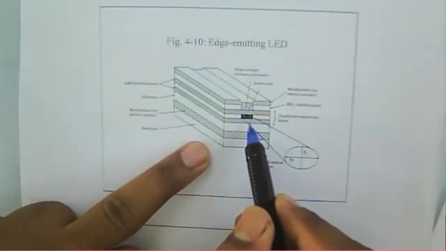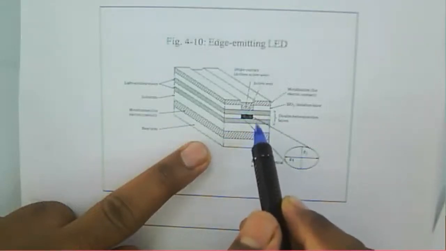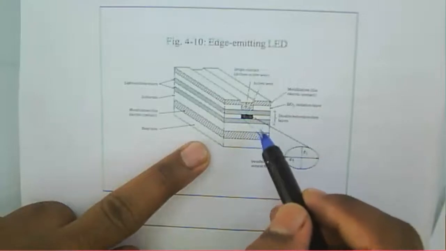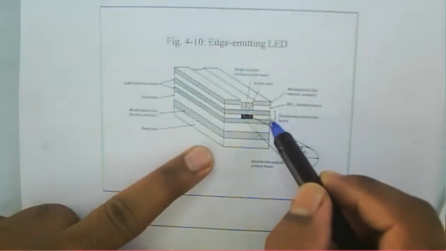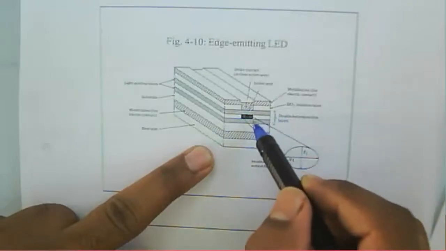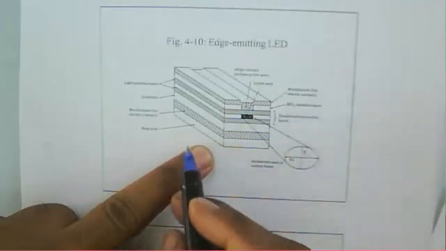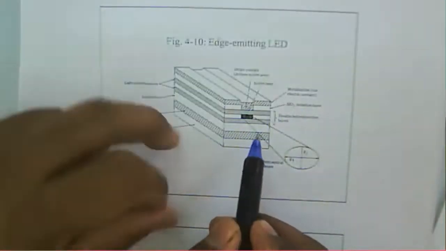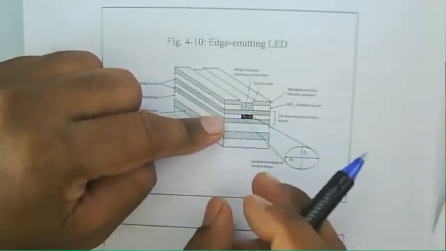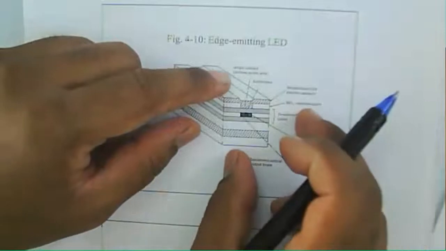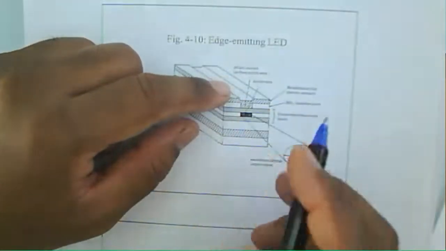Again, the refractive index for the guiding layers will be lower than that of the active region, so the active region is higher. And because it emits the light through the edge, we can easily connect a fiber to this particular light emitting diode. That is the edge emitting light emitting diode.